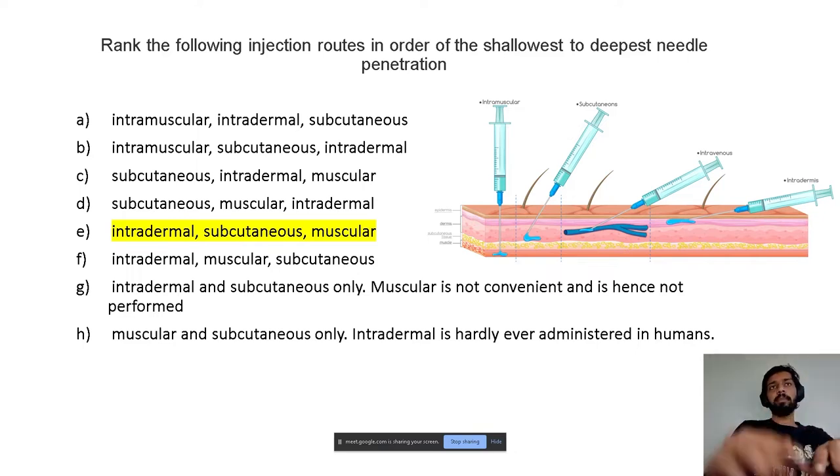They are within the epidermis layer, right below the first couple of layers of your skin. This is followed by subcutaneous, which is within the subcutaneous tissue below the dermis of your skin, and then by the muscle, which is the deepest form of penetration that an injection can undergo. Okay, any questions?